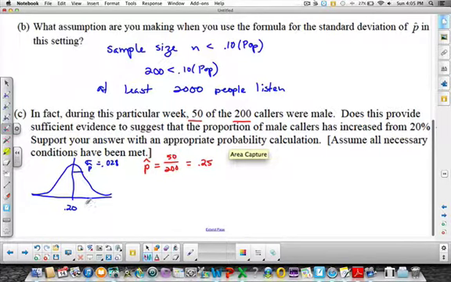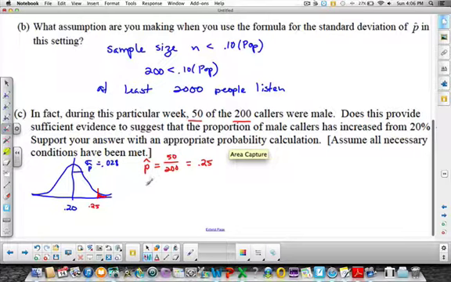So 0.2 plus 0.028 is 0.228, so 0.25 is going to be pretty far up there on my curve, so I'll put it about right there. So we want to know, what's the probability that I would get a value of 0.25 or larger if in fact the true proportion of listeners was still 0.2.